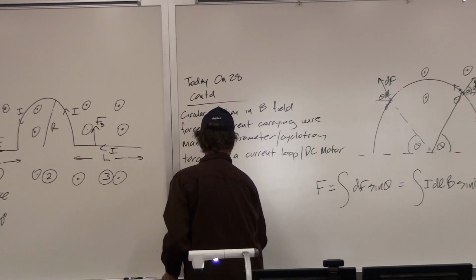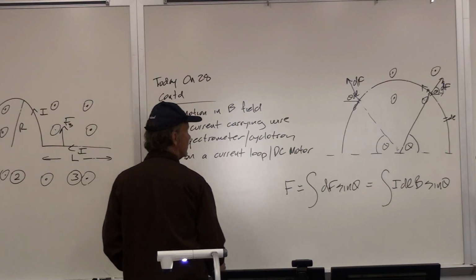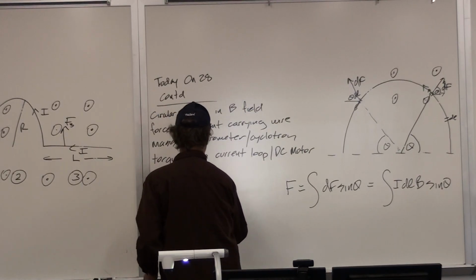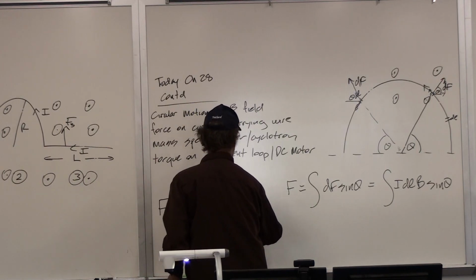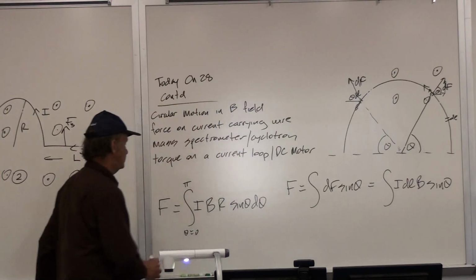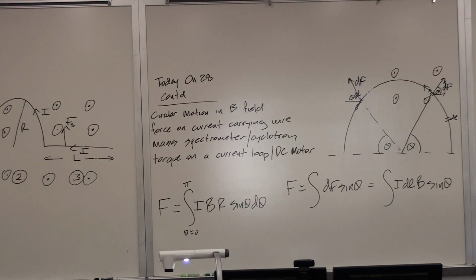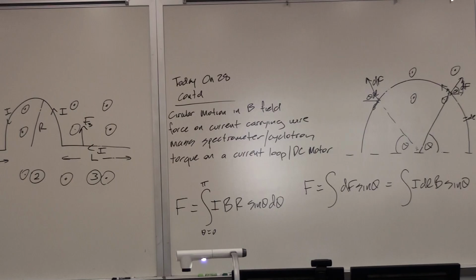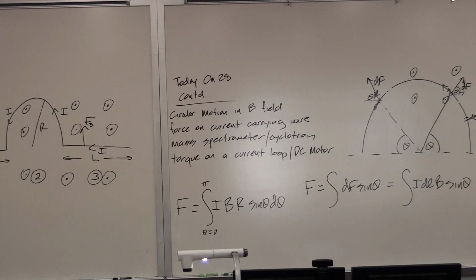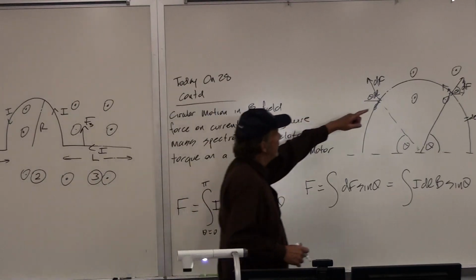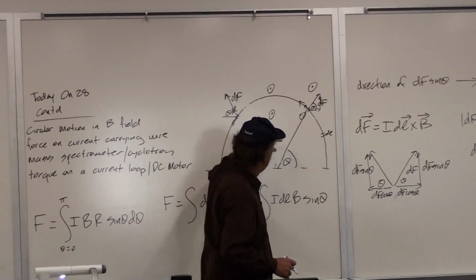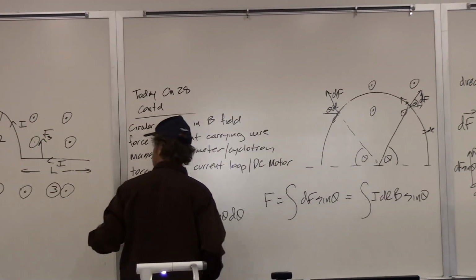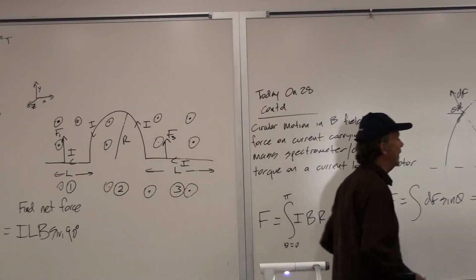And here we could go, say, from theta equals 0 to pi, because that's our integration variable, I b times r d theta, so that's sine theta d theta. Is everybody seeing that that is a logical step from the previous thing? And remember, it's dL sine theta because dF sine theta because of the fact that the dF's have horizontal components that tend to cancel and vertical components that tend to add.